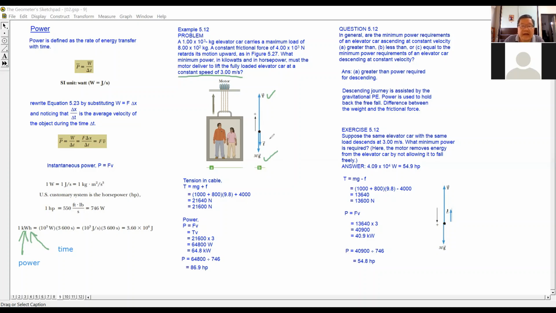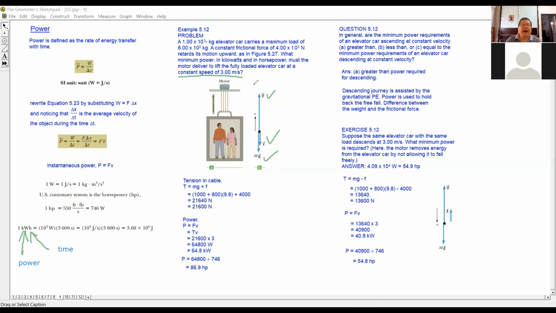There's another force, the frictional force, which is somewhere here, the rubbing of the motor against the cable. So we have three forces in this system. Because it is moving at a constant velocity, these three forces balance one another. The net force is zero.